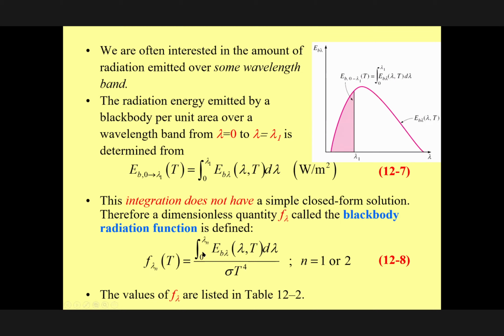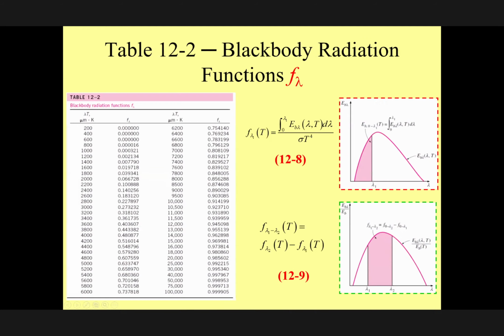Therefore, rather than you sit down and integrate between 1 to 100, 1 to 1000, this work has been done and has been given in the form of a table. Table 12-2 in your textbook gives you the fraction of energy between 0 and that wavelength.